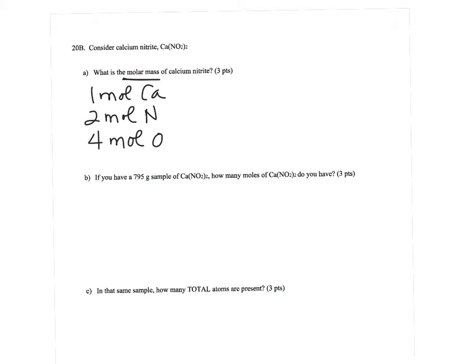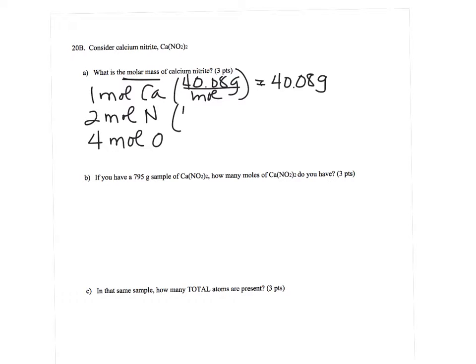So we know that for calcium, the molar mass for the element is 40.08 grams per mole. So that's going to contribute a total of 40.08 grams from the calcium.